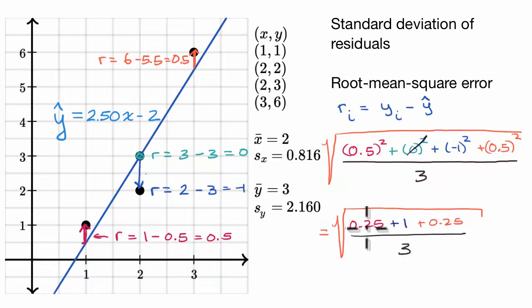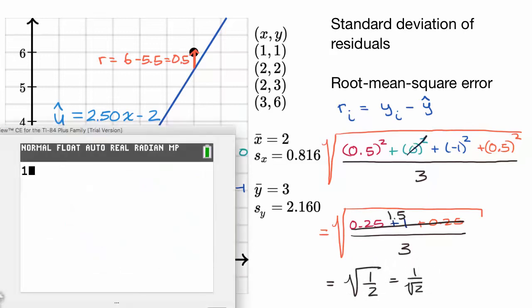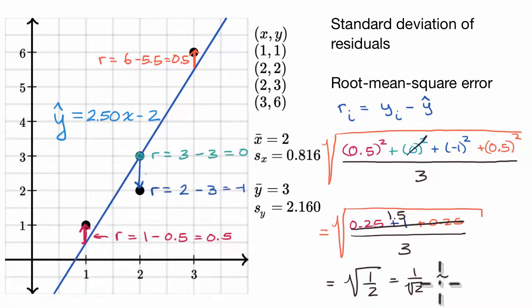Now this numerator is going to be 1.5 over 3. 1.5 is exactly half of 3, so we could say this is equal to the square root of 1/2. This is 1 over the square root of 2, which, if we round to the nearest thousandths, is roughly 0.707.